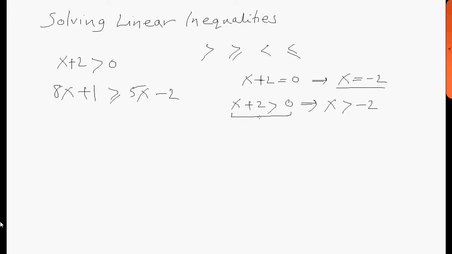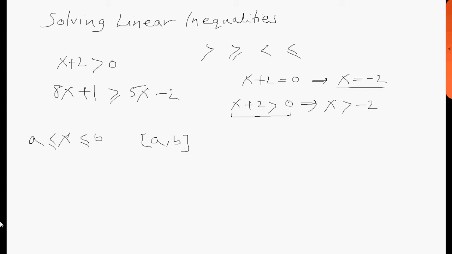In order to be able to express the solution of a linear inequality, you need to be familiar with the interval notation. So if x is between a and b and can also be equal to a and b, then this can be represented as an interval like this.